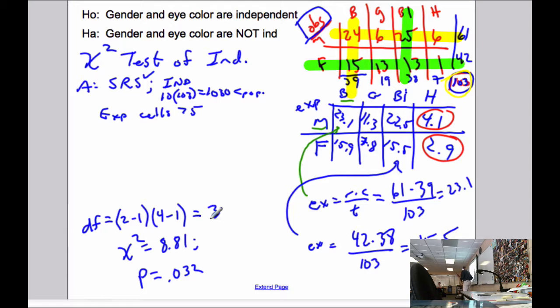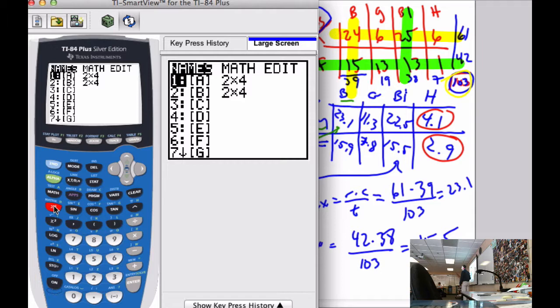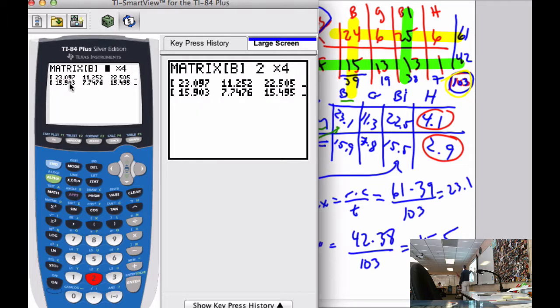Now, go back to your calculator. Let's go back and go to second matrix. Notice all of a sudden you'll have a 2 by 4 in spot number 2 in matrix B. Go over and hit edit. Matrix B, so number 2. There's your expected cells. They've done the row total times column total divided by total.